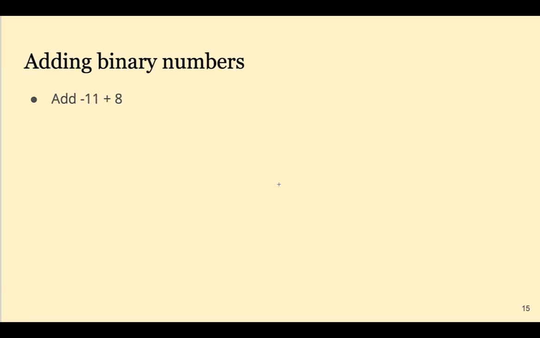Let's practice adding a couple of binary numbers. Step 1 would be to convert the number to binary. Positive 11 would be 0, 0, 0, 0, 1, 0, 1, 1. I'm going to use my shortcut to find the negative. So I'm going to copy right to left through the first one and then invert all the bits.